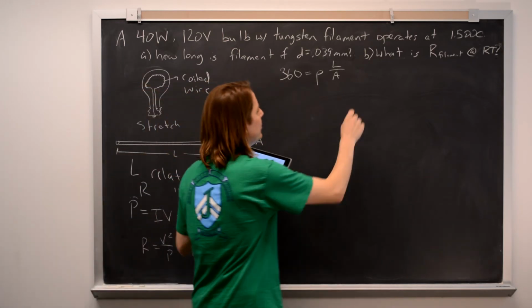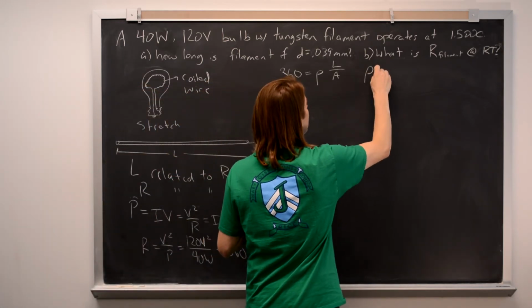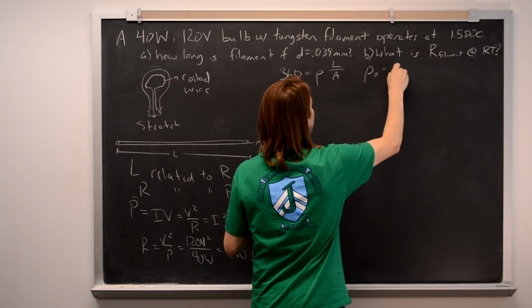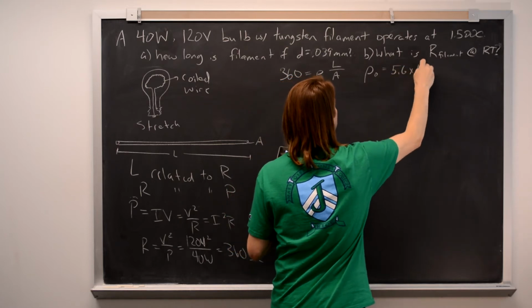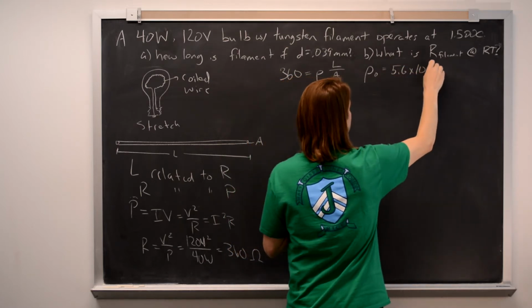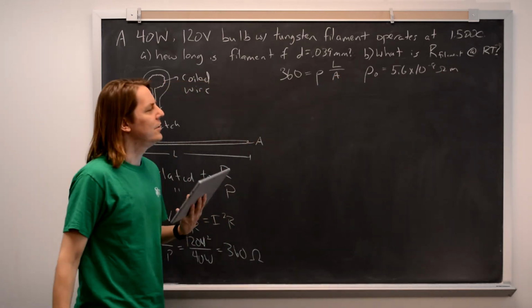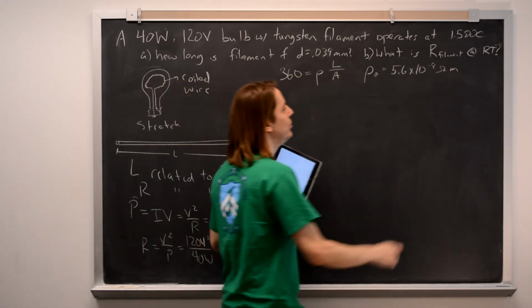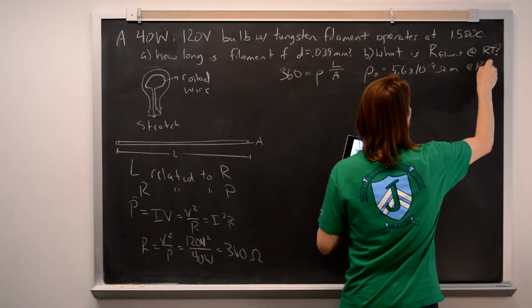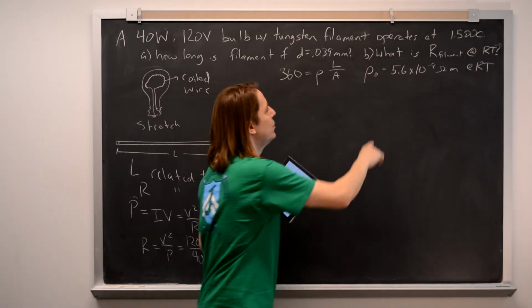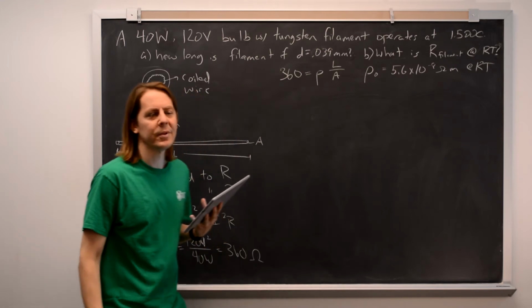If you look up the resistivity of tungsten, you're going to find that it's 5.6 times 10 to the minus 8 ohm meters. But the number you find in a table is usually at room temperature. It's not the value when you're at 1500 degrees C.